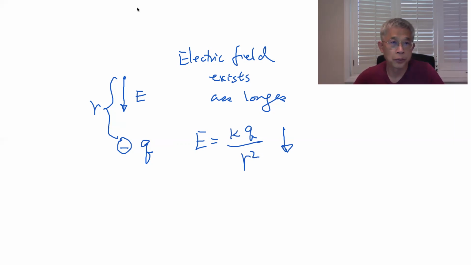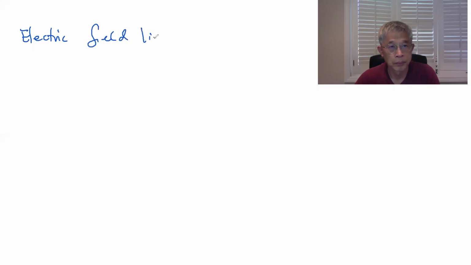Okay, so next one, we're going to talk about electric field lines, okay? That's different from electric field. It's the electric field line, line with an S, okay? So if you have a positive charge here, then all the electric field lines are going away from it.